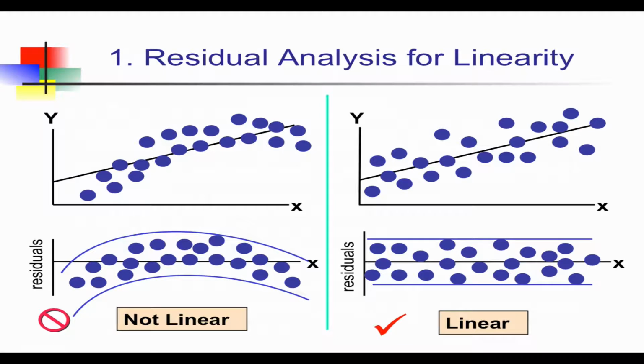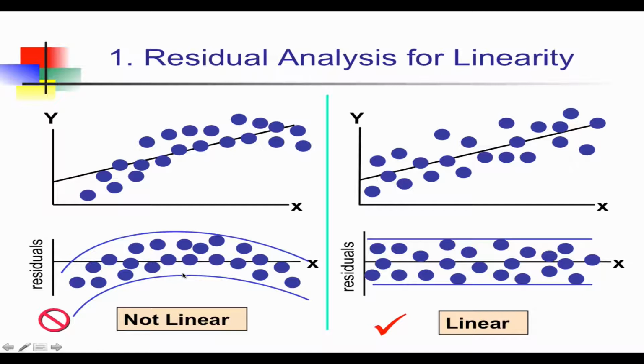You're looking for a random distribution of the residuals as a function of x. From these two plots, this plot translates into this part, and this plot translates into this part, because the curvy behavior translates on the residual level, it's still curvy.